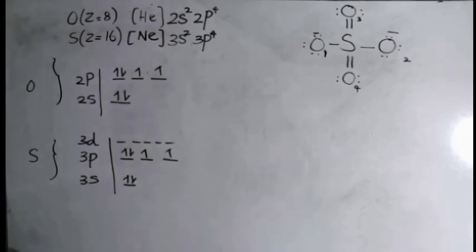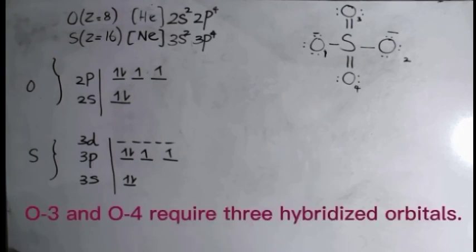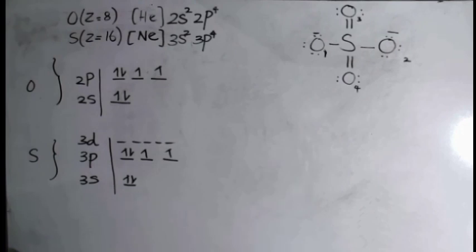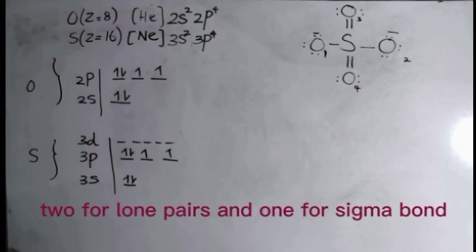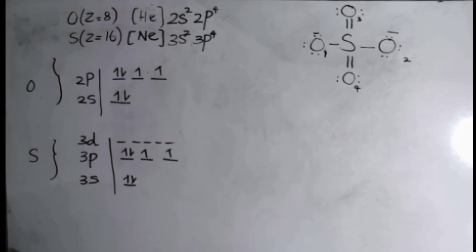Now we can go to oxygen number 3 and 4. Those oxygen atoms do not have any charge, meaning they are in a neutral position. So they have 2 lone pairs, 1 sigma bond and 1 pi bond.